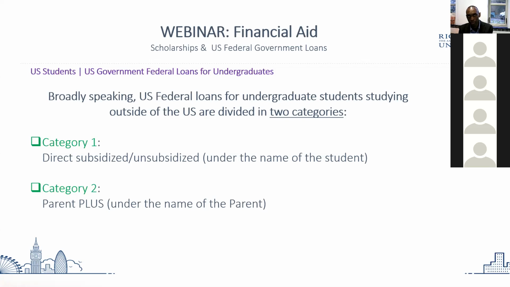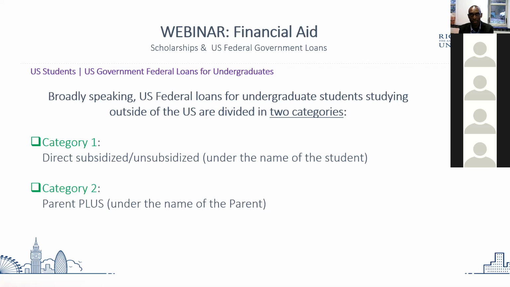The subsidized and unsubsidized loan limits for independent students are slightly higher than those of dependent students. For example, if you're a first-year independent student, you can receive a maximum of $9,500 total in subsidized and unsubsidized loans.